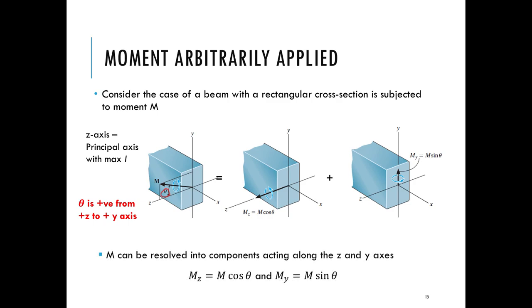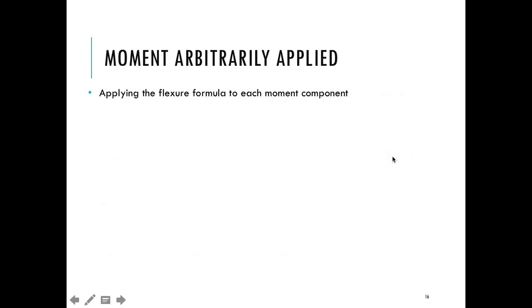Okay, so then of course my total stress at any given point on the cross section is given by the stress arising because of Mz and the stress arising because of My. So I just need to add those two longitudinal bending stresses together.